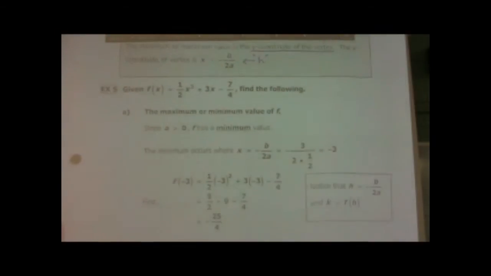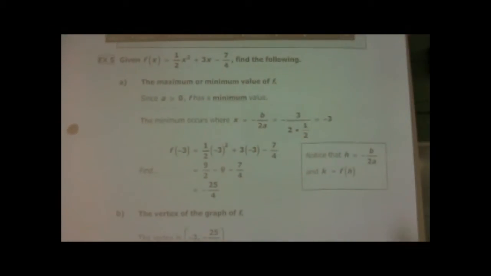So let's go up here. This is an ugly one. It's got fractions in it. So it says find the following, the maximum or minimum value of f. Now first of all, a is 1/2. So a is greater than 0. If a is greater than 0, this is concave up.